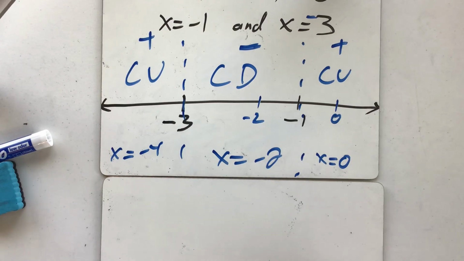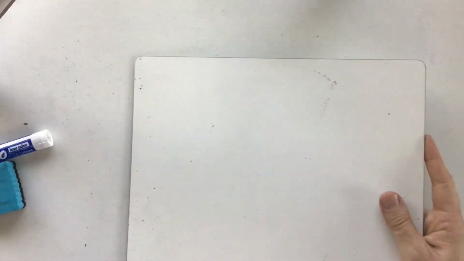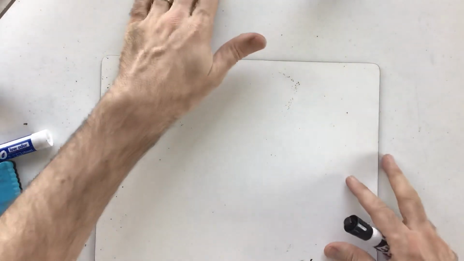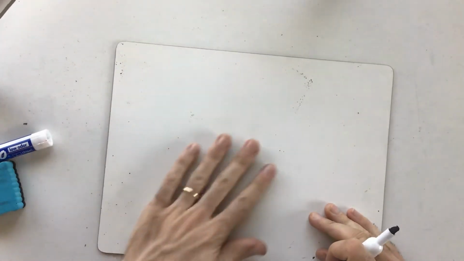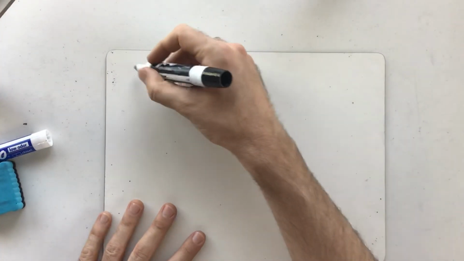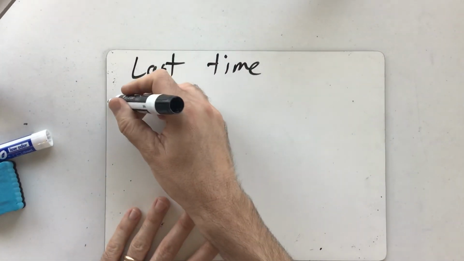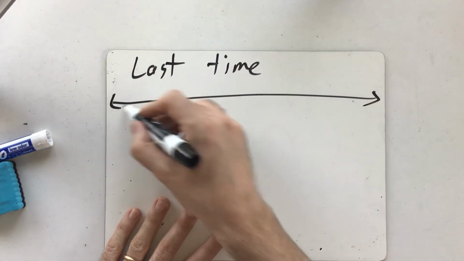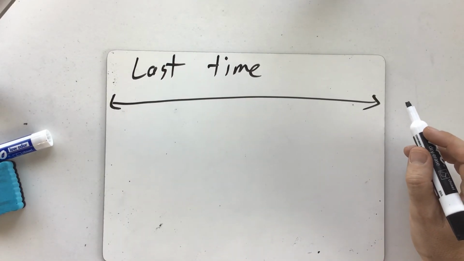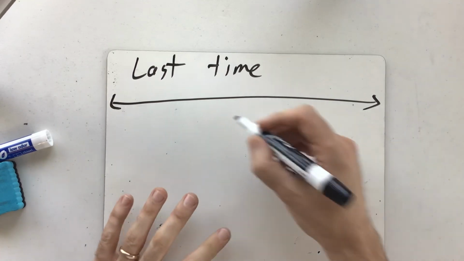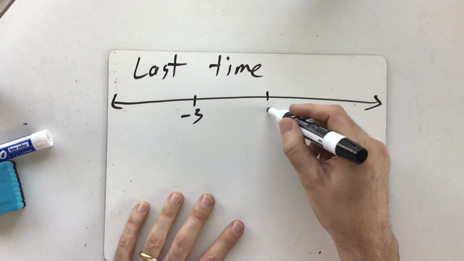So let's see if I can find my graph from earlier. Let's see, I can't, I think I erased it. That's too bad. Okay, but from last time, what we had was a graph that looked like this, that had -3 on it and 0 on it, if I'm correct.